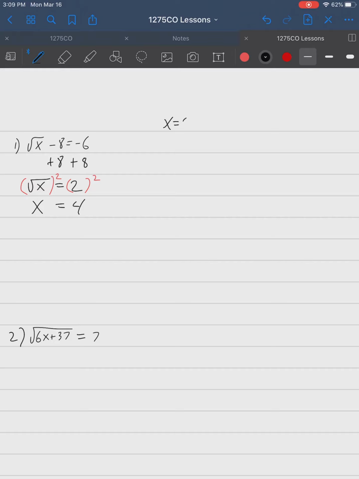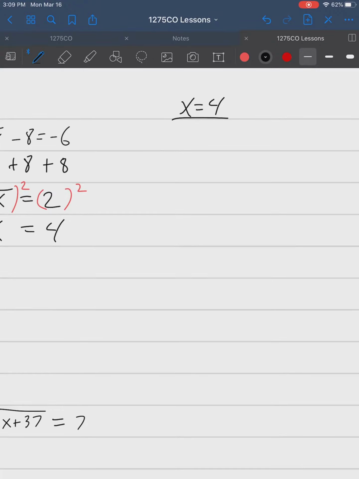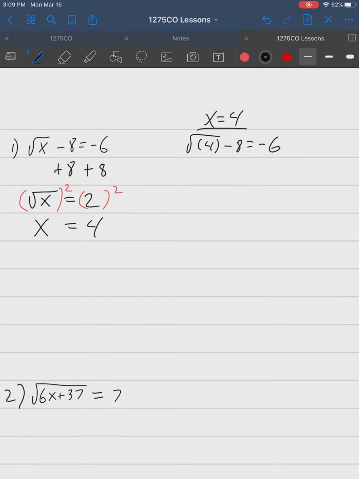Now, the one thing we have to do is we have to be able to check our answer and make sure that it works. So we're taking the number 4 and plugging it in for x. Again, notice that our equation is the same as our checking, just with a 4 plugged in instead of an x.